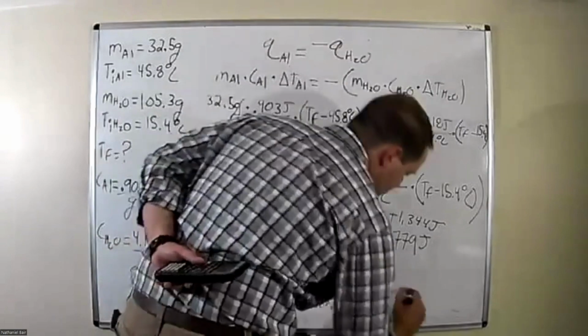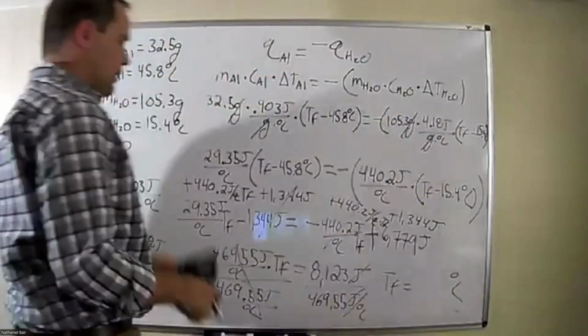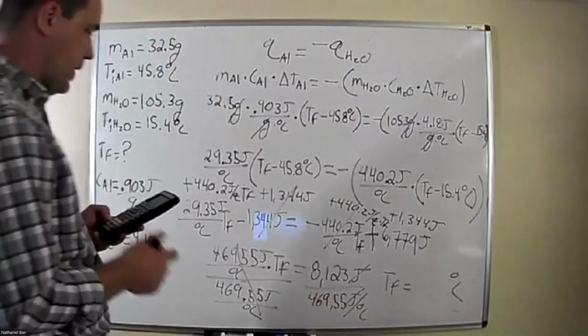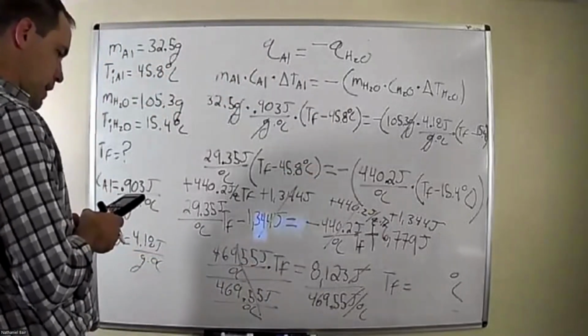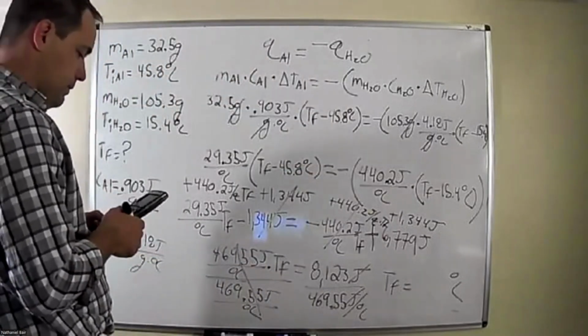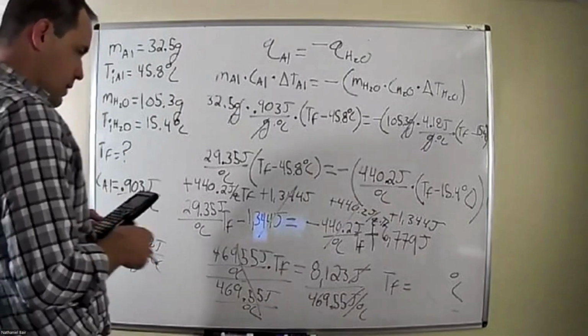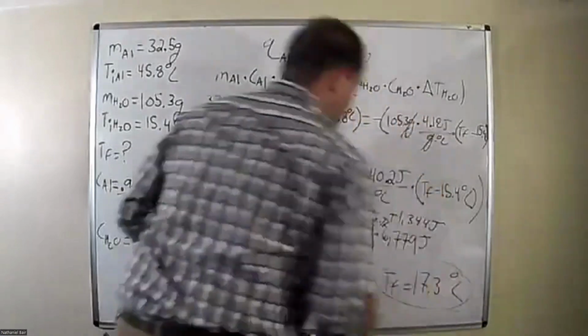Degrees Celsius is in the denominator of the denominator. Here we go. 8,123 divided by 469.55. And we get 17.3 degrees Celsius.